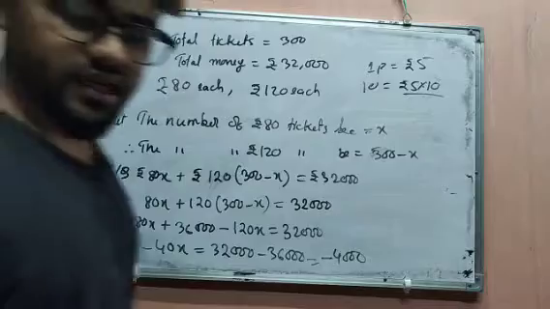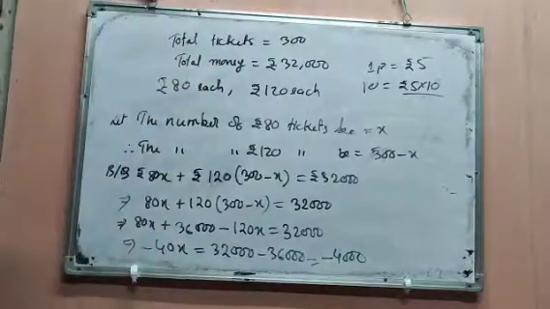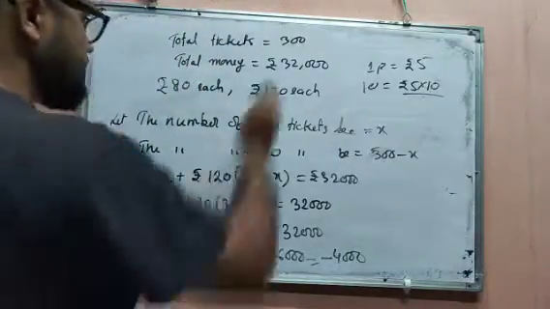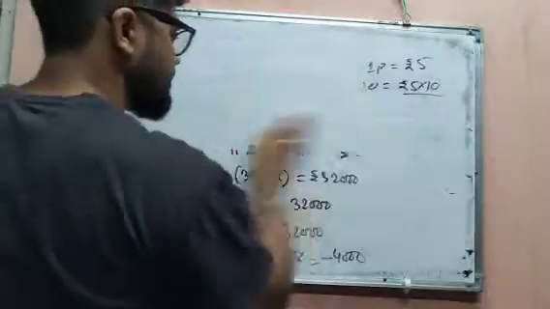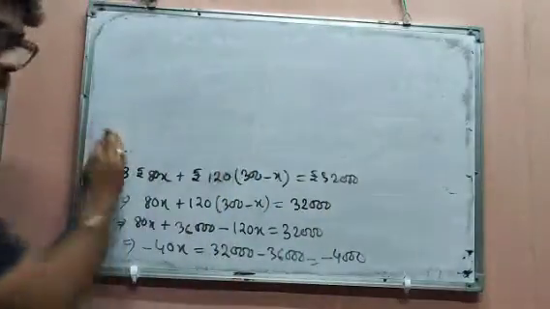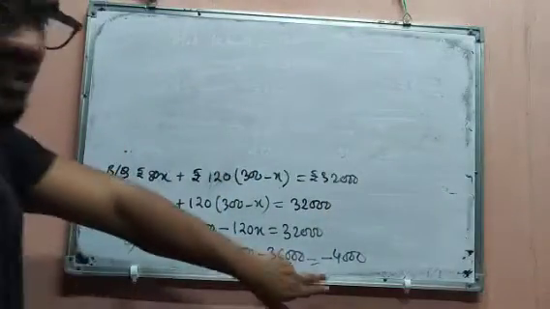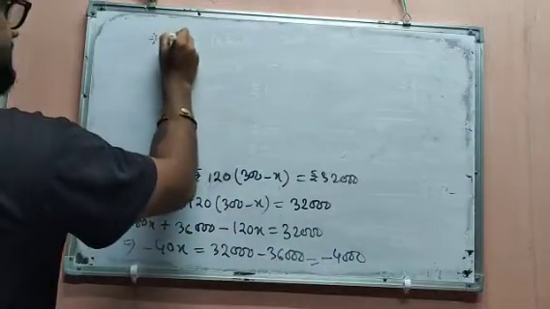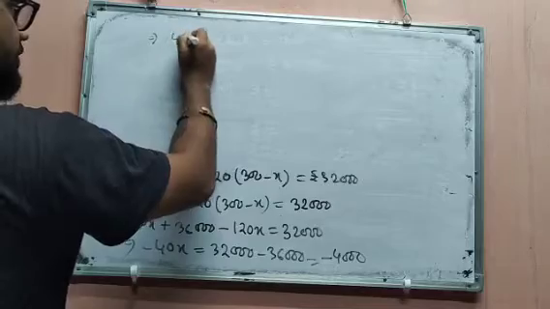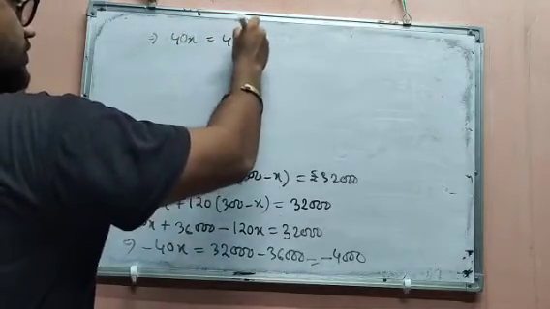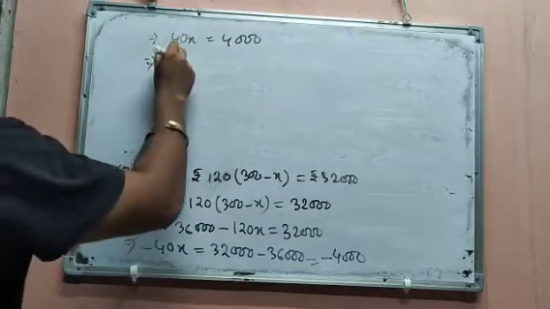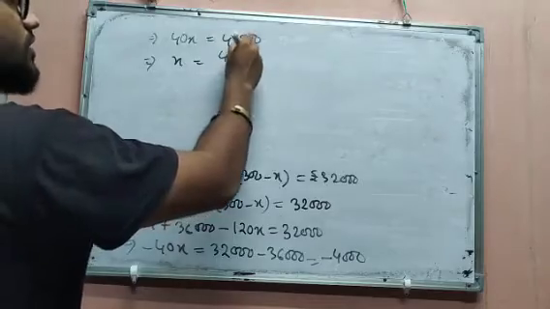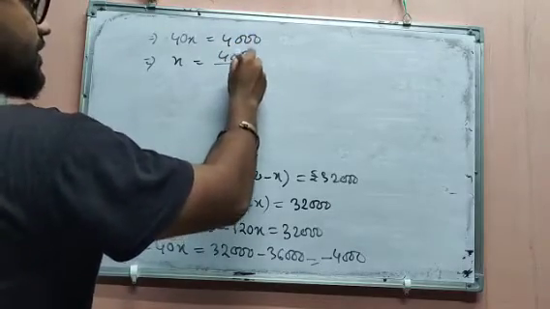Now from both sides we can remove the minus sign. Minus can be removed. 40x equals 4,000, or x equals 4,000 by 40.